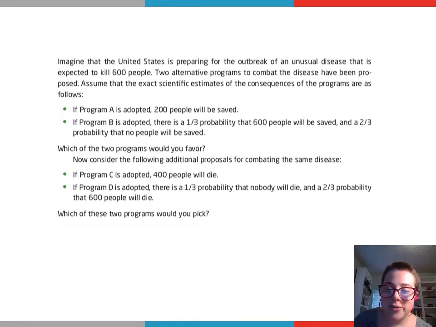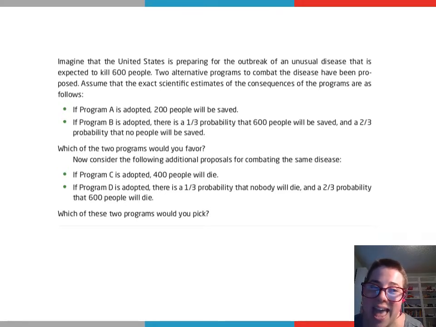Perhaps this particular example hits a little bit close to home for all of us, but we'll charge ahead. 2 alternative programs to combat the disease have been proposed. Assume that the exact scientific estimates of the consequences of the programs are as follows.